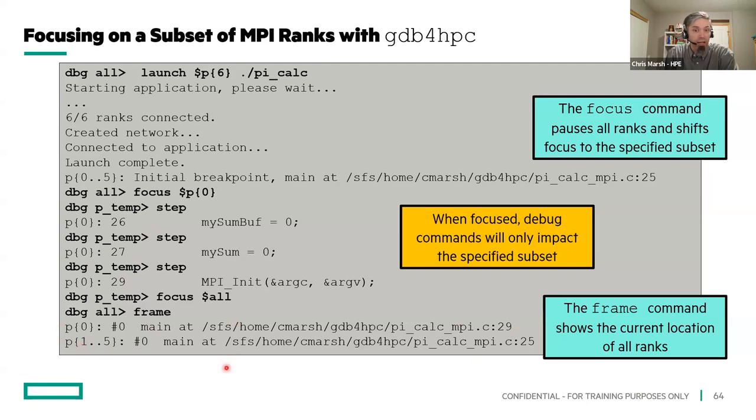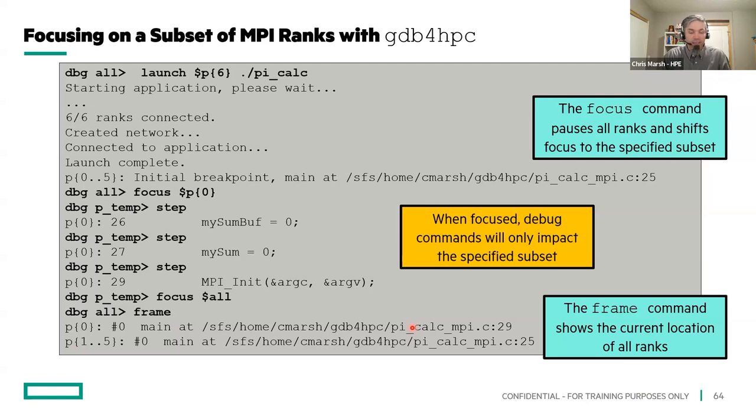Ranks 1 through 5 are at line 25. So you can move in and out of individual MPI ranks or subsets of ranks and just explore what they are doing while the rest of the program is paused. This is a cool capability.